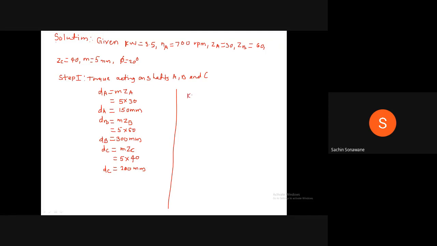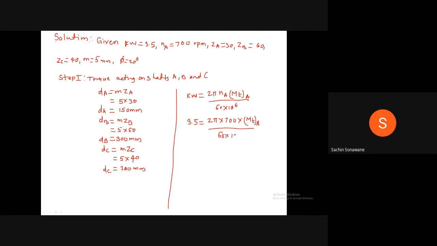Therefore, kilowatt is equal to 2 pi NA into MTA divided by 60 into 10 raised to 6. Therefore, 3.5 is equal to 2 pi into NA, which means 700, into torque on gear A, that is MTA, or torque transmitted by gear A, divided by 60 into 10 raised to 6.